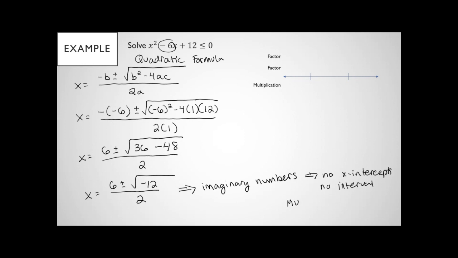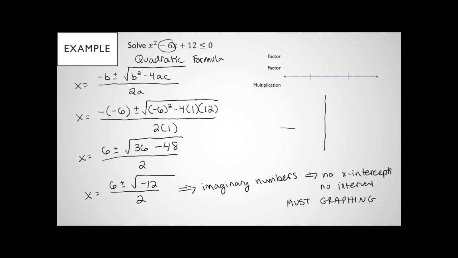And this tells us you must do this by graphing, because our solution is either going to be everything is above 0 or everything's below 0. So you have to graph this in order to determine the answer, because you don't have any spots where it crosses the x-axis. So your solution is either going to be all real numbers or no solution. And which one it is is based off of graphing, or you can plug in a number.